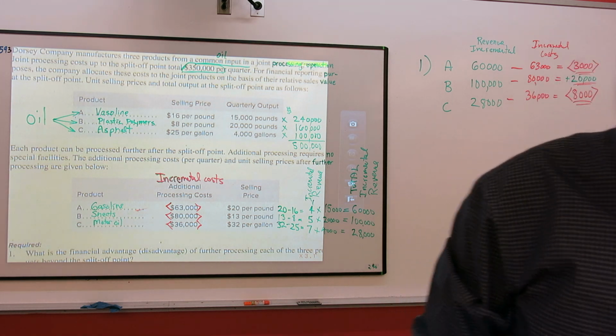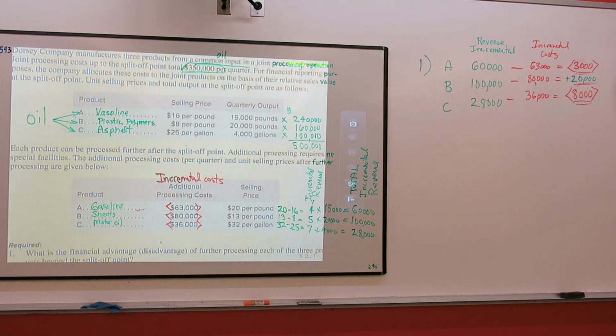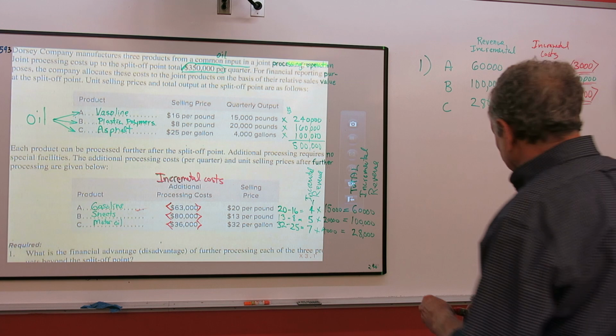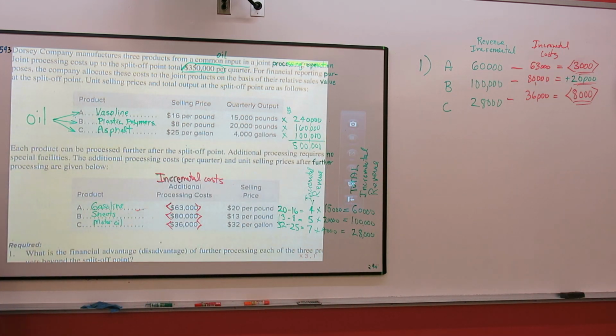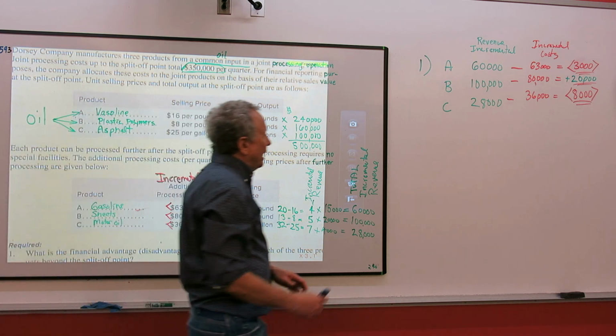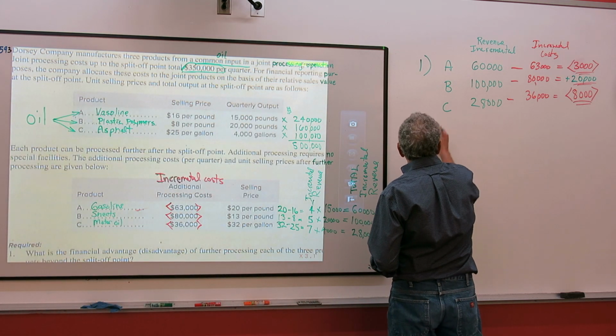I'll just read it to you. Based on our analysis, which products should be processed further? All right, well, what do you think? There's only one of them. Do you see it?